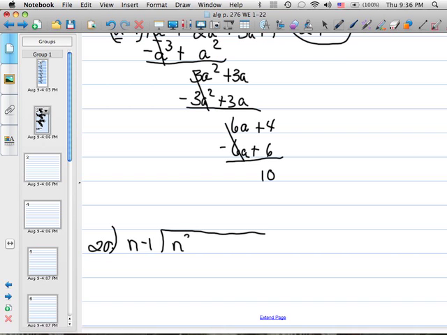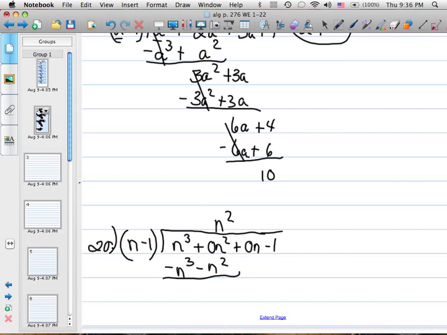So we have to hold the n squared term and the n term, and then we end with minus 1. To get n to be n cubed, we need to multiply by n squared, put it above the n squared term. Multiply the binomial, we get n cubed minus n squared.